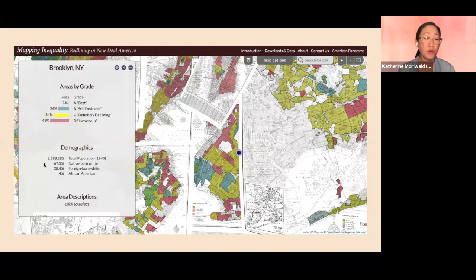And so for a lot of people, particularly Black people living in areas that were then deemed, quote unquote, hazardous, usually for racist motivations, were denied the opportunity to secure home loans, to attain home ownership, and then have access to one of the main drivers of wealth generation in US society.